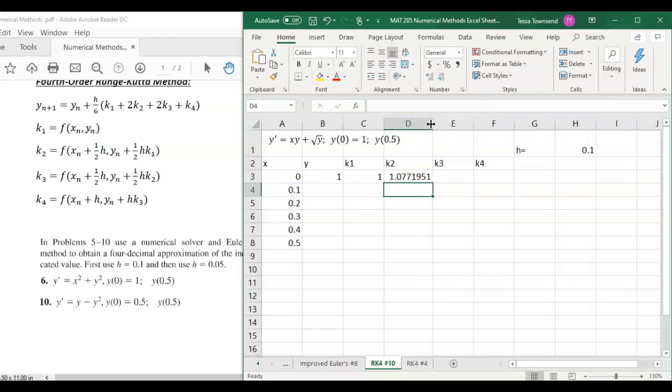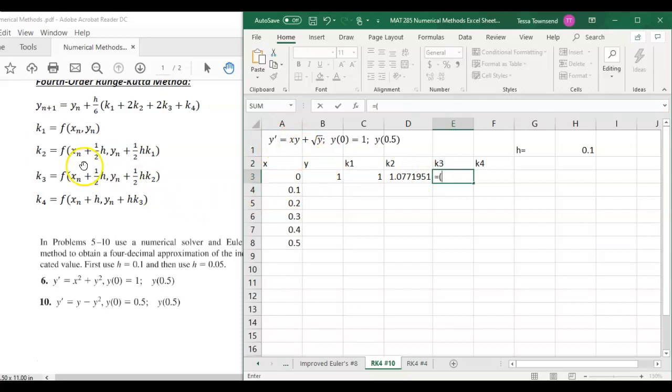And like we said before, we could highlight that column and make this bigger, and you're going to see more of those decimal places. So K3. Here's our K3. It's a differential equation evaluated at x sub n plus half the step size, y sub n plus half the step size times K2. So equals our x formula in this case. Remember, it's x times y.